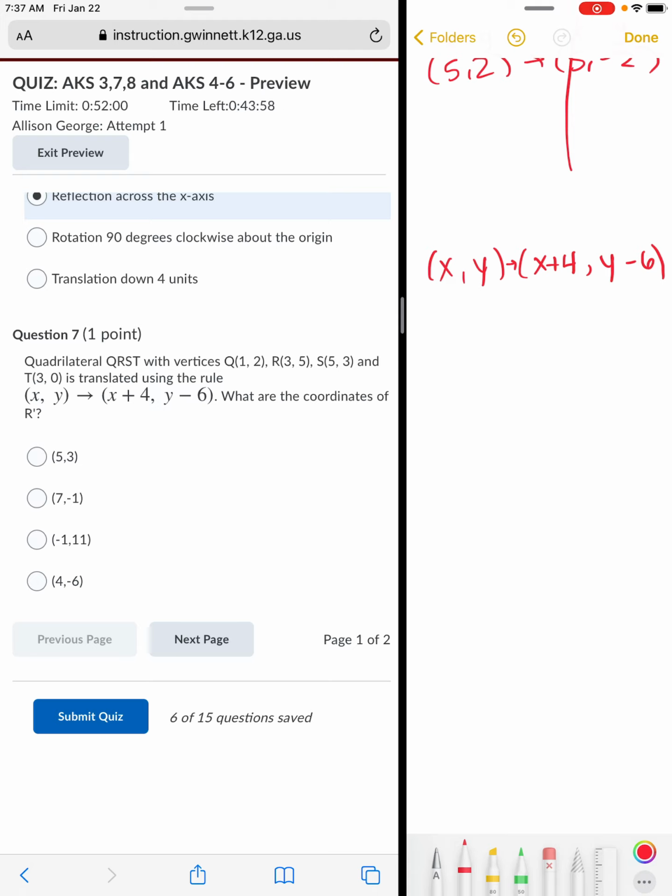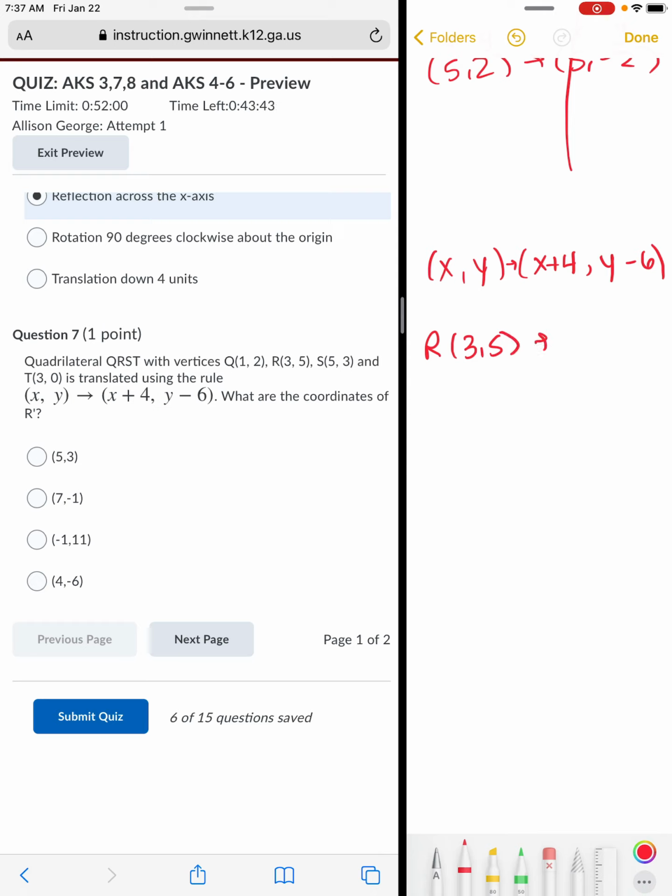But all I have to do, if I want to find the coordinates of R prime, that tells me that I need to start with R because R and R prime are corresponding. And so I'm going to start with R, which is at 3, 5.